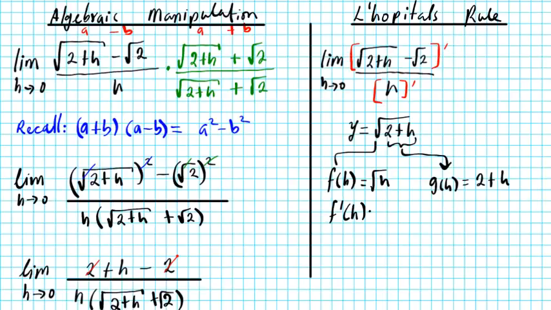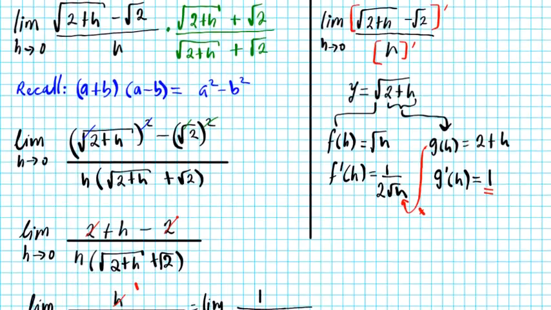F prime is 1 over 2 root h, and g prime, the derivative of 2 is 0, the derivative of h is 1. Alright, so to proceed, we're going to have the derivative of the outer evaluated at the inner, so plug this in here, and then we're going to be multiplying that by the derivative of the inner, which is 1. Okay? So the derivative y prime is going to be 1 over 2 root 2 plus h.